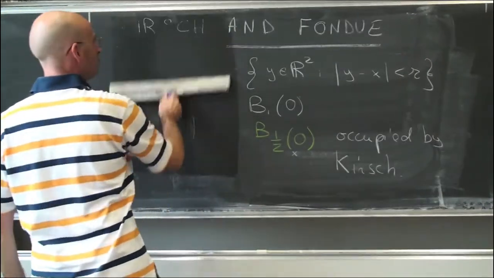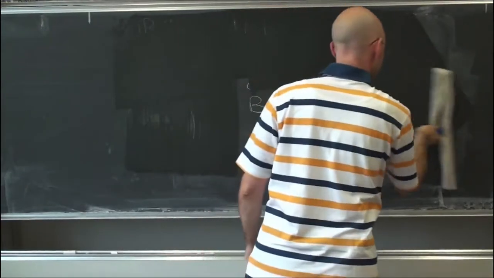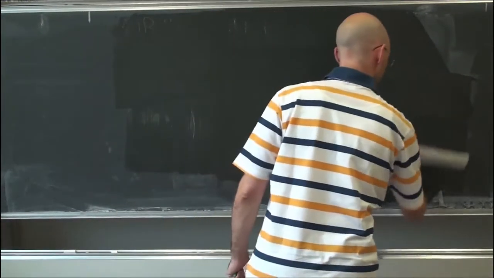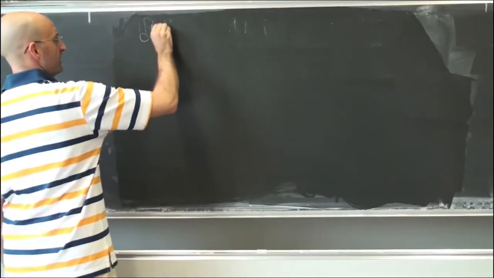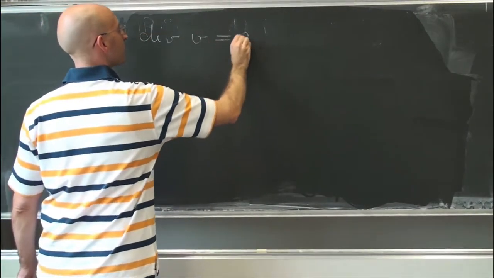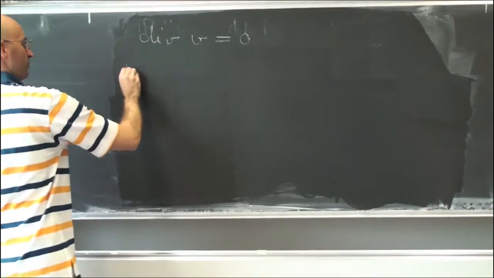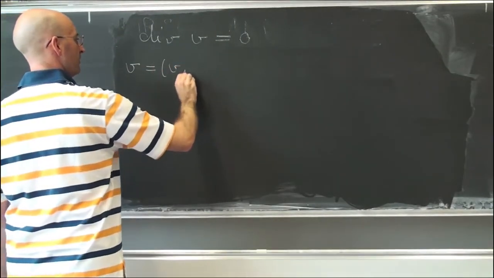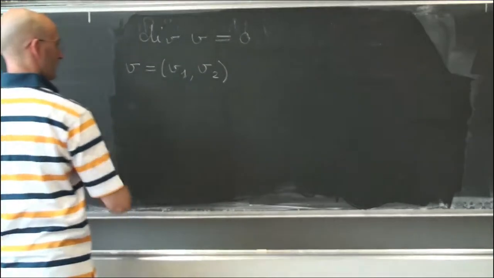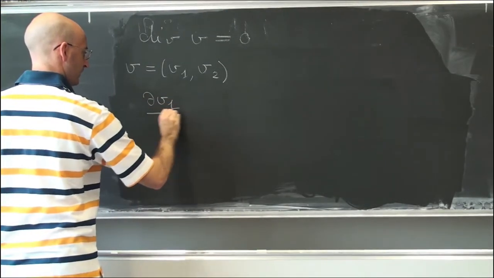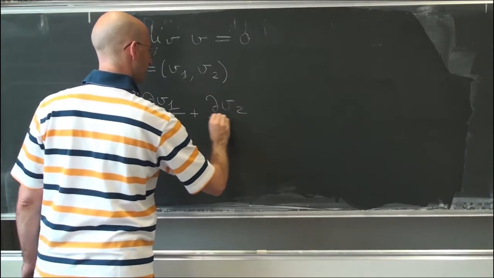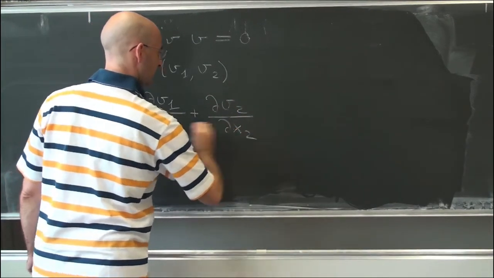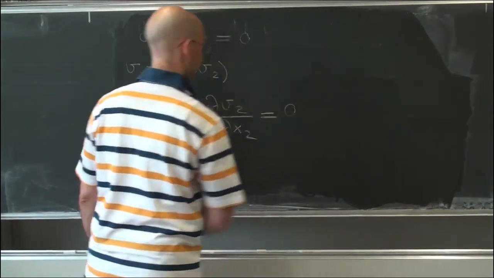You are also not allowed to compress cheese. So there is an important constraint that you are putting on the vector field v, and the constraint is that v is divergence free. So this means the following: v consists of two components, v1 and v2, and then you know that the partial derivative in the x1 direction of v1 plus the partial derivative of v2 in the x2 direction is equal to 0.